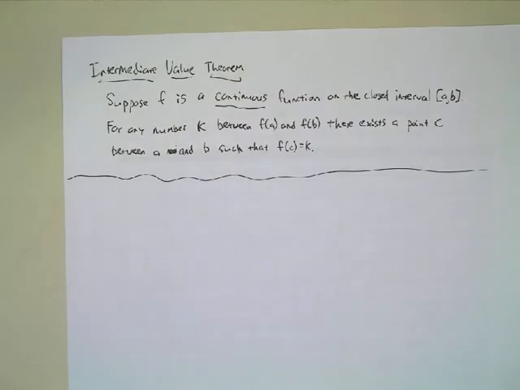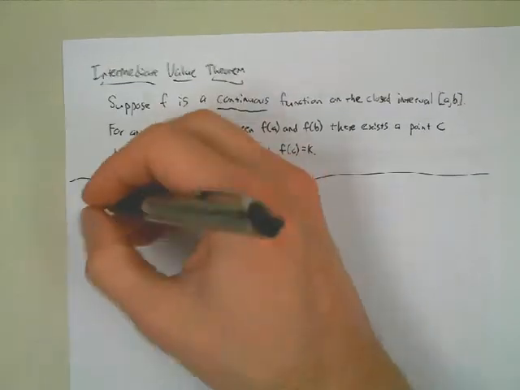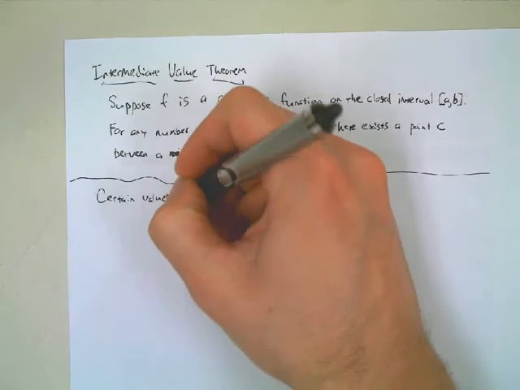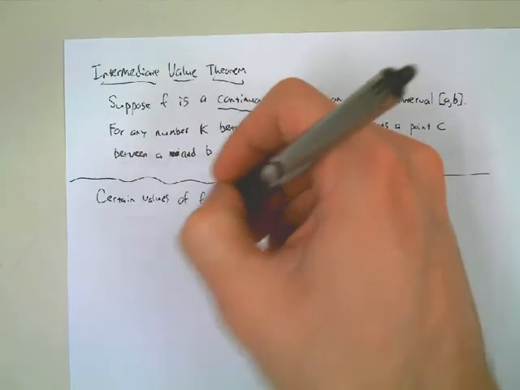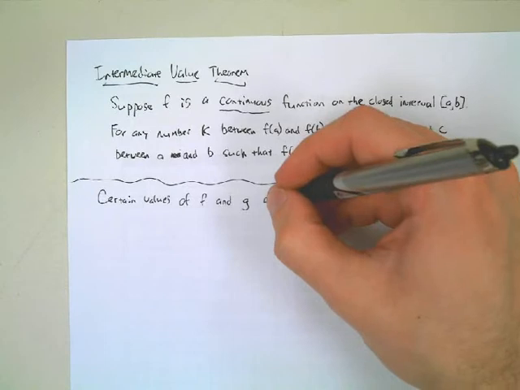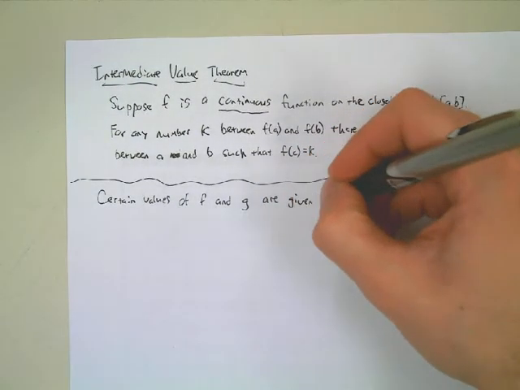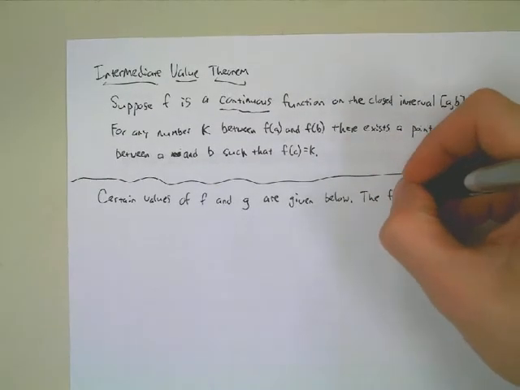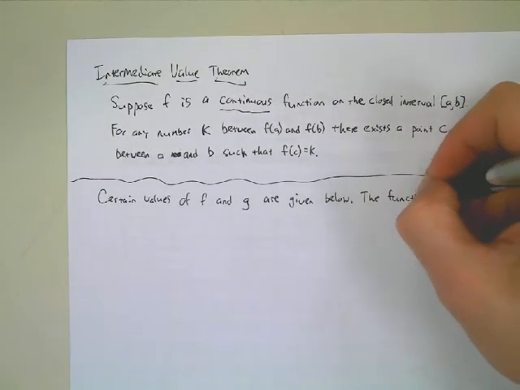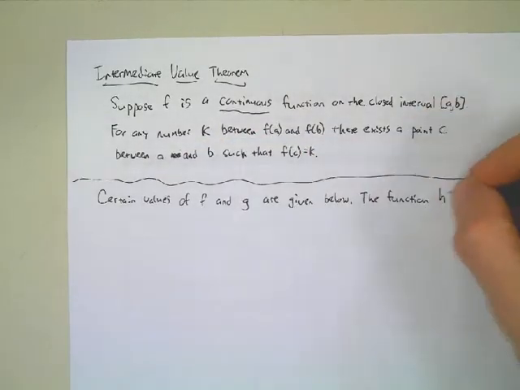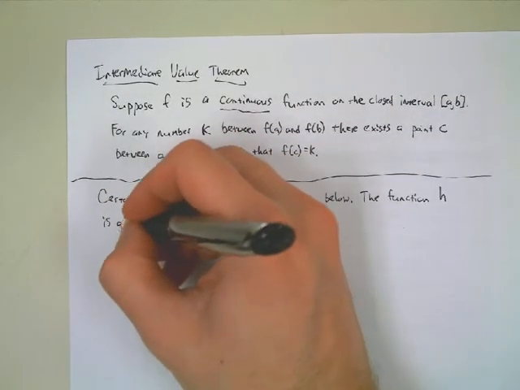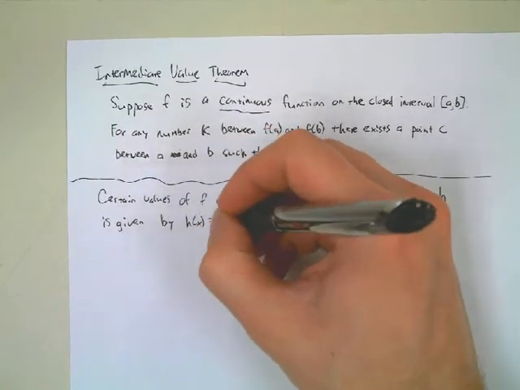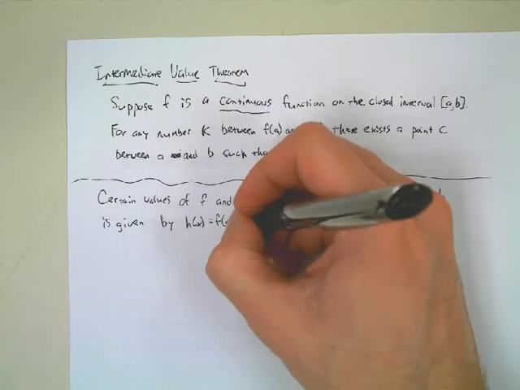Alright, so let me give you guys a little example here. So, f and g are given below. The function h is given by h of x is equal to f of g of x minus 6. Okay? And in parentheses I'll put here f, g, h are all continuous.